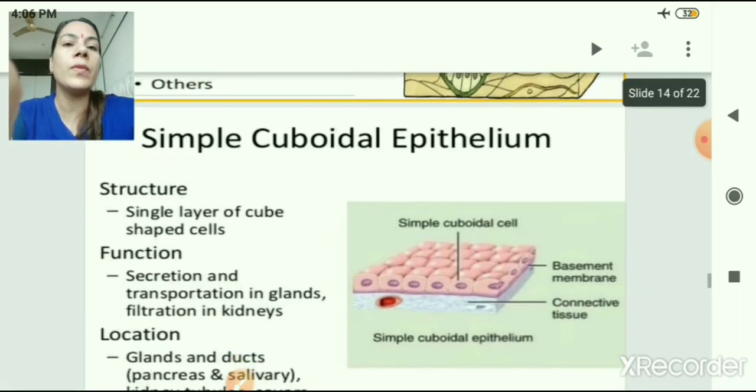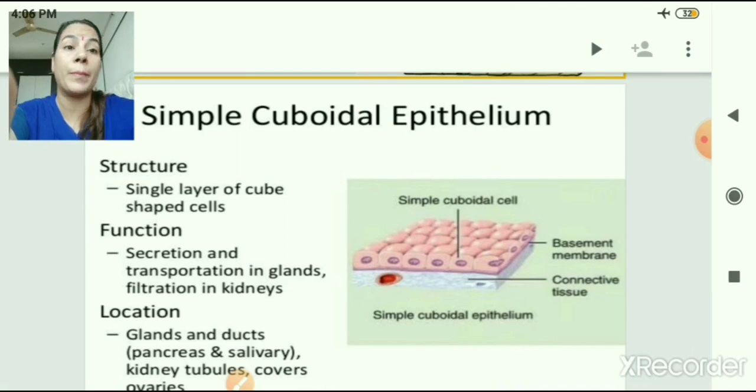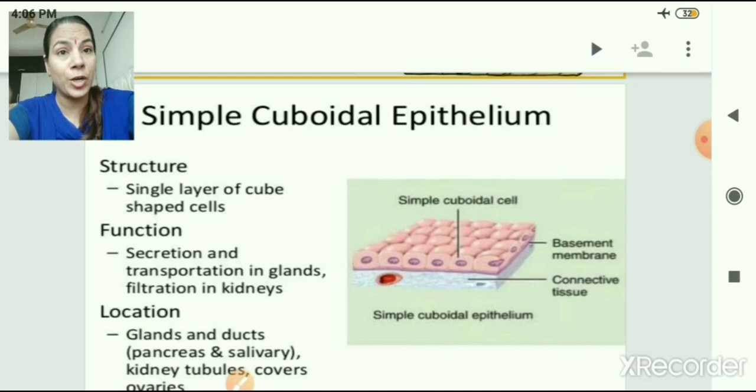Now we will study simple cuboidal epithelium. As its name suggests, cuboidal means its shape is cuboid. So let us focus on the structure of simple cuboidal epithelium. These are a single layer of cube-shaped cells, and the function is secretion and transportation in glands, and filtration in kidneys.